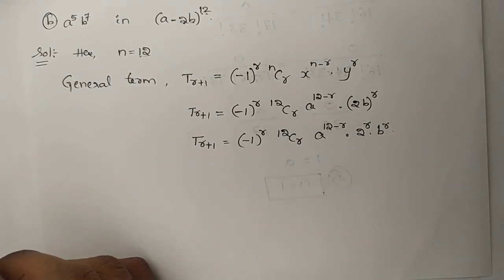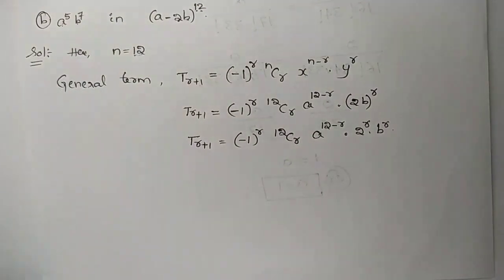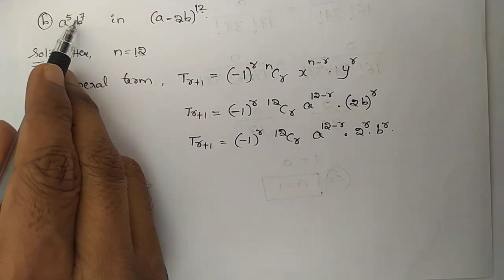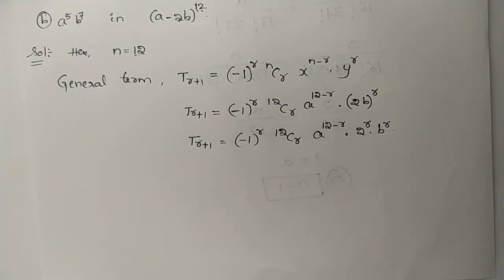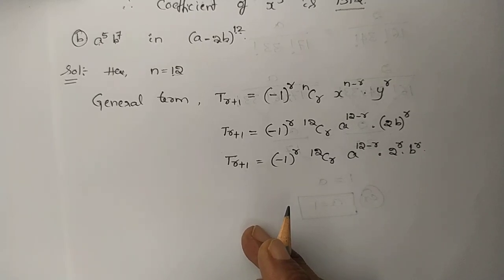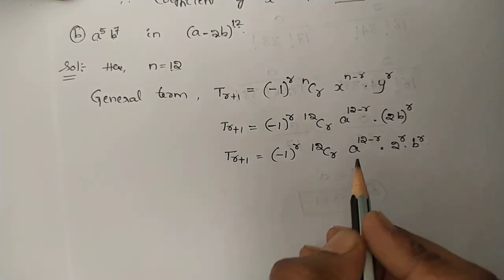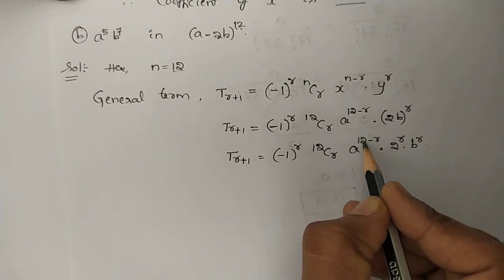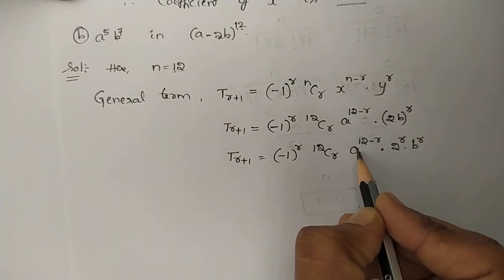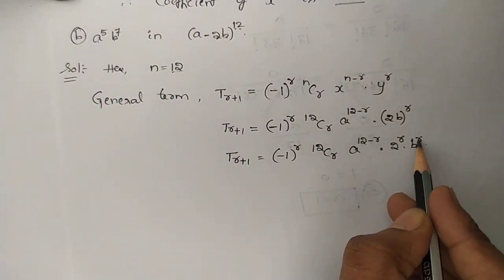Now we have to find the coefficient of a power 5 b power 7. How to find it? In our previous class I already told you that you just equate a powers or b powers, right?